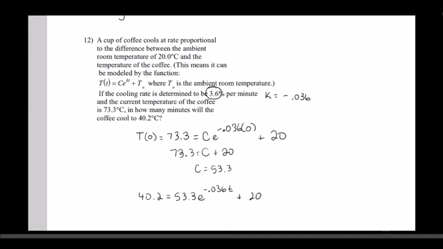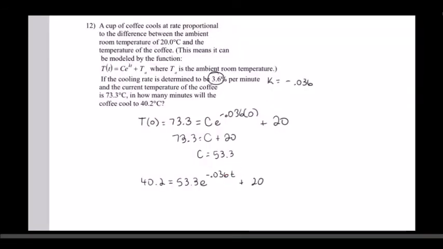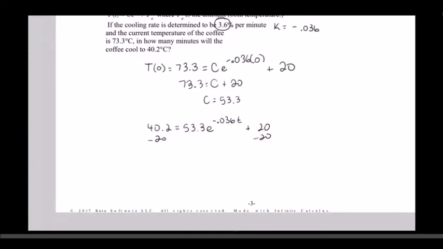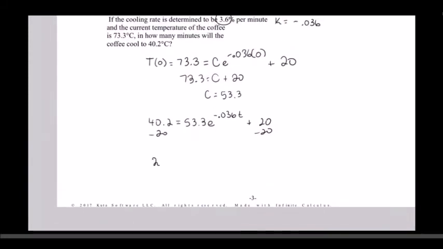plus 20. So to solve for t here, we need to get this exponential by itself. So subtract 20. 20.2 equals 53.3 e to the negative 0.036t, divided by 53.3.